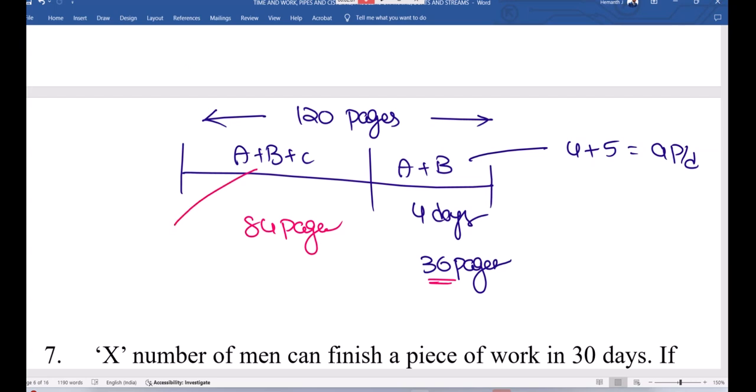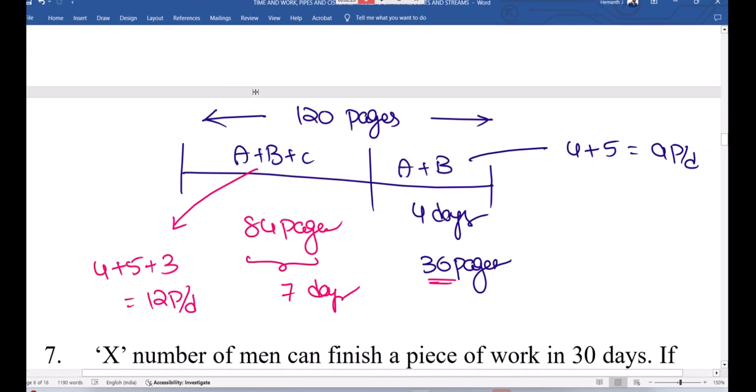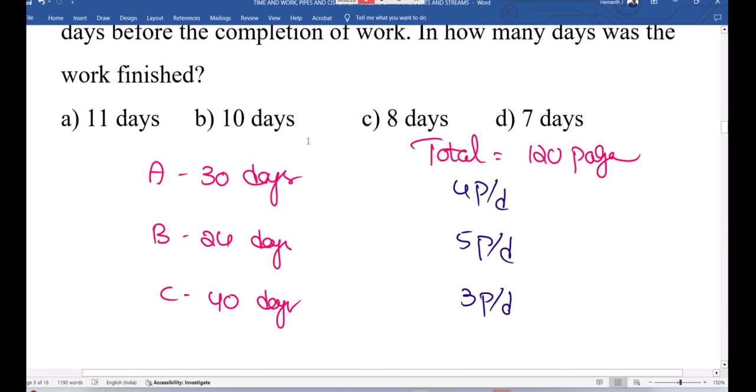And now A plus B plus C are available, means A can type 4, B can type 5, C can type 3. 12 pages per day. 84 pages means this is 7 days. So total 7 plus 4, 11 days. Initially 7 days, 3 people are there. Then 4 days A and B is there. Total 11 days is the timing to complete the work. Option A.